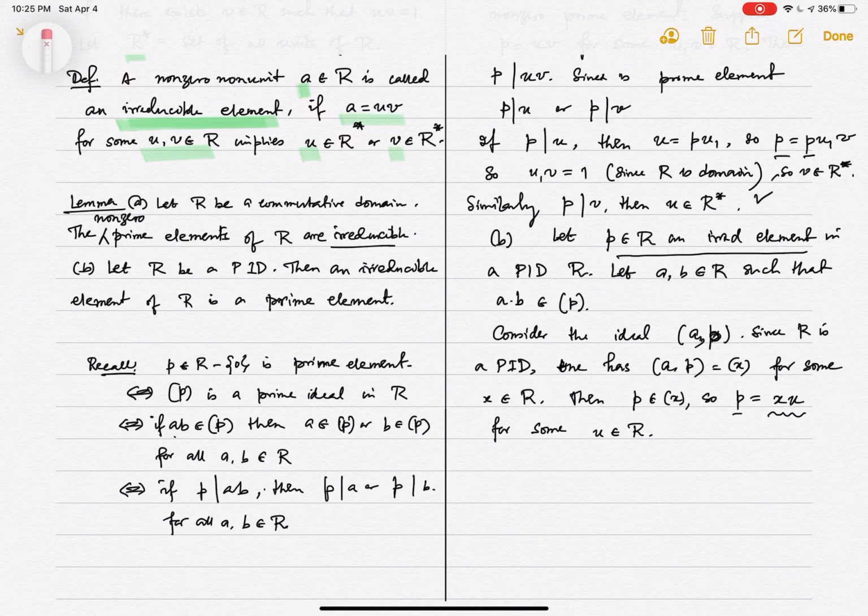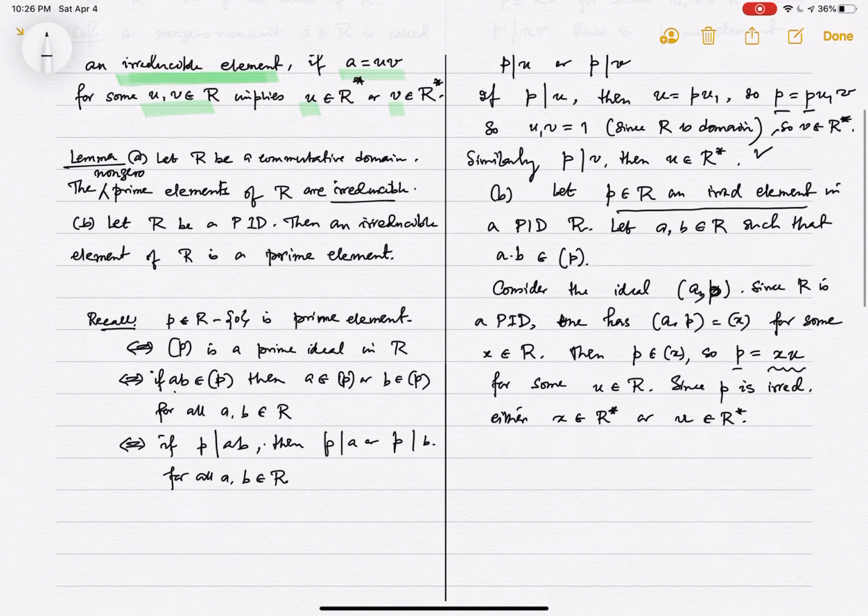Since P is irreducible, either X is a unit or U is a unit. Now we have a notation for this: or U is in R star.